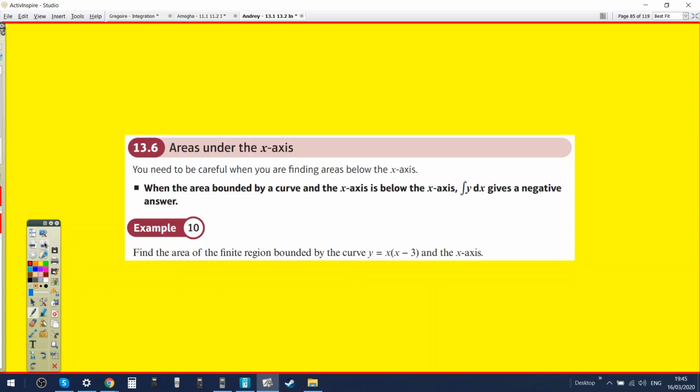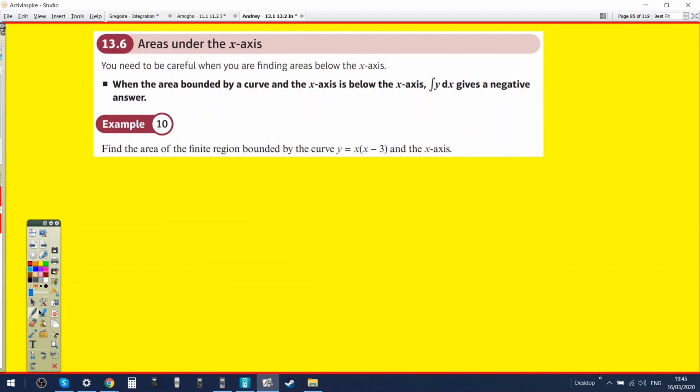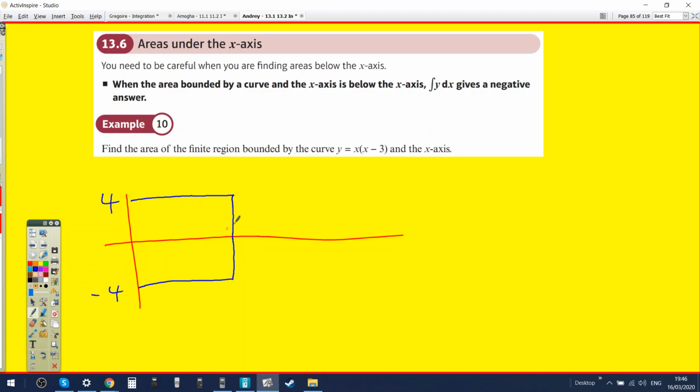Let's see. Area under the x-axis. Yes. Before we do anything. Okay, so you have 2 rectangles. That's up at 4. That's down at minus 4. This x is at 5.